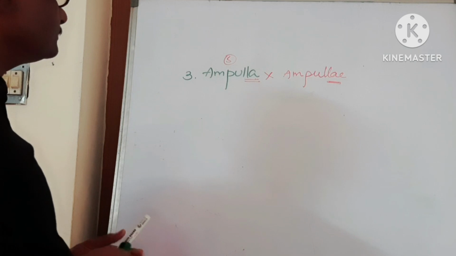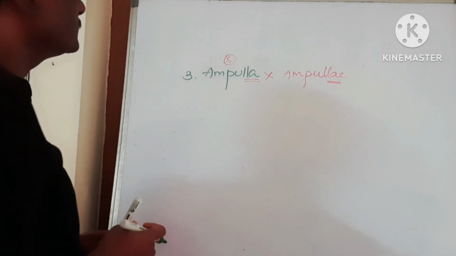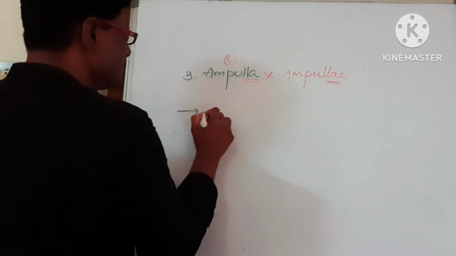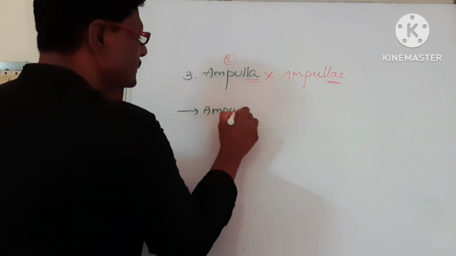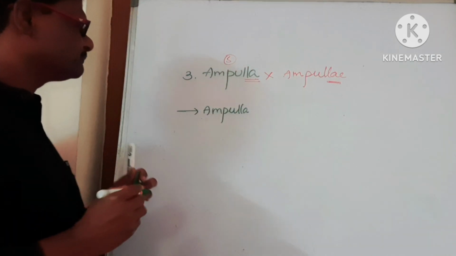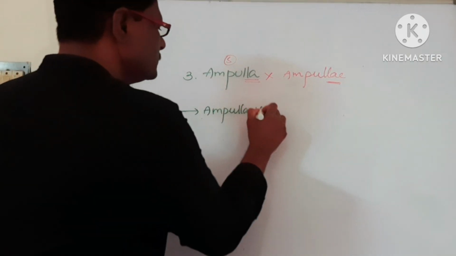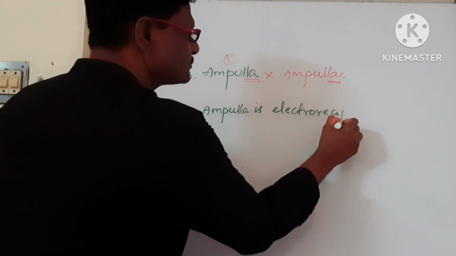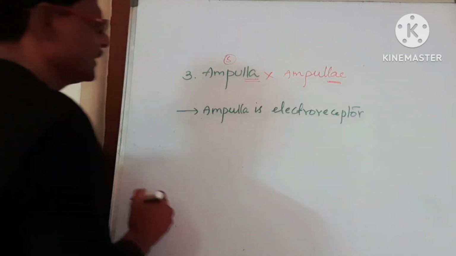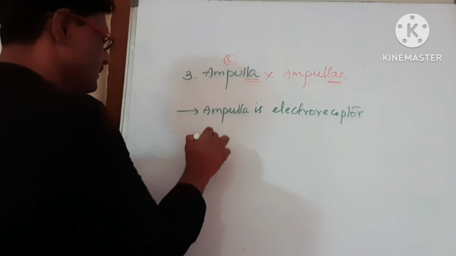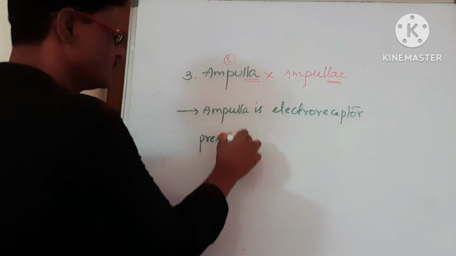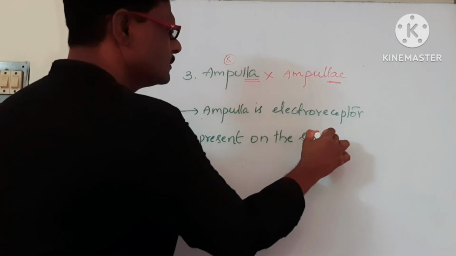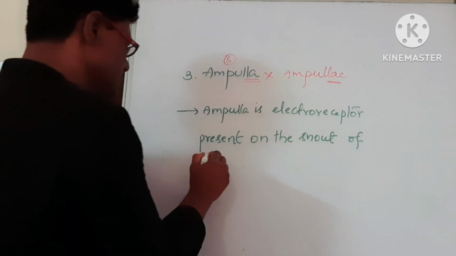So we use ampulla in different contexts. The singular word ampulla is an electroreceptor present on the snout of sharks.